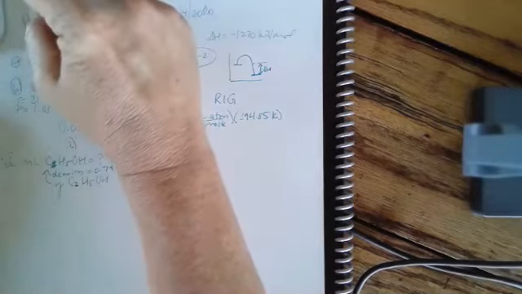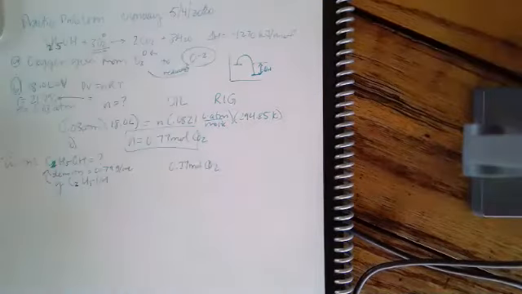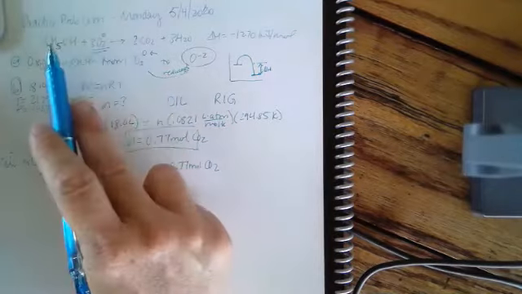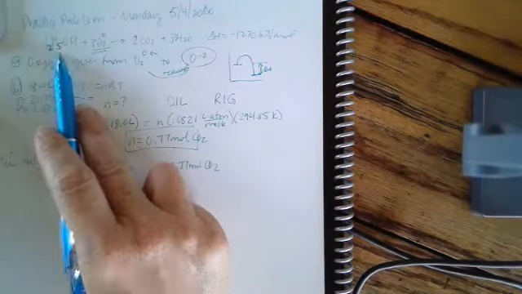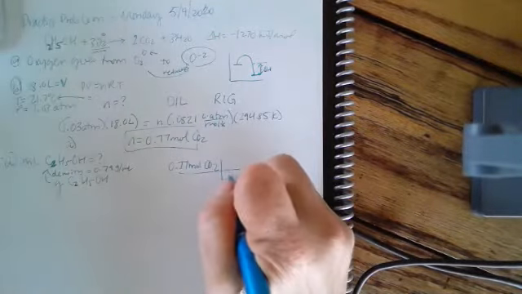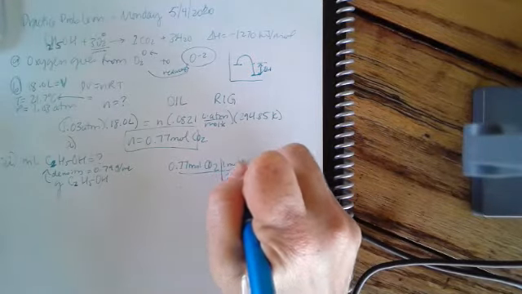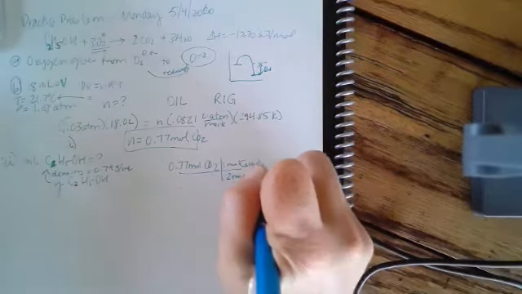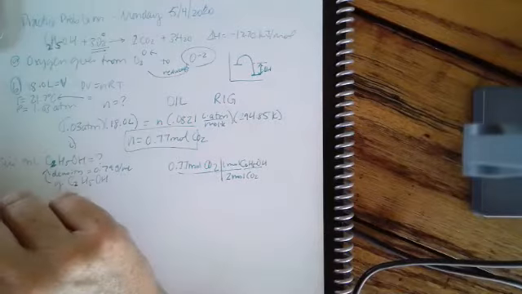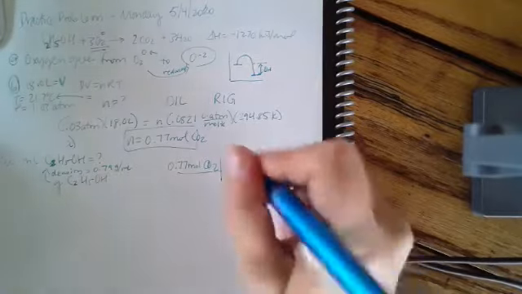That's okay. Let me fix my equation before I use it. For every 2 moles of CO2, I had to combust 1 mole of ethanol, C2H5OH. Now I'm almost there. I've got to change it into grams, and then into milliliters.